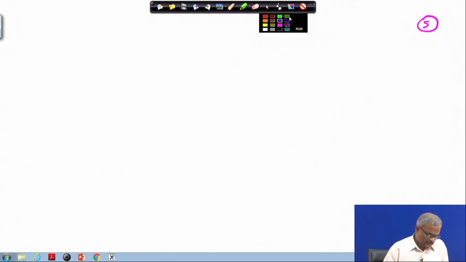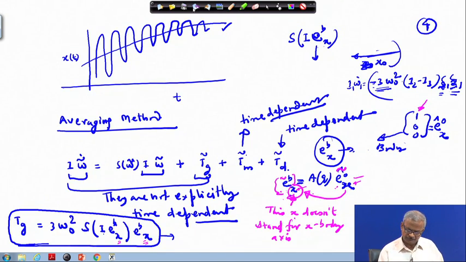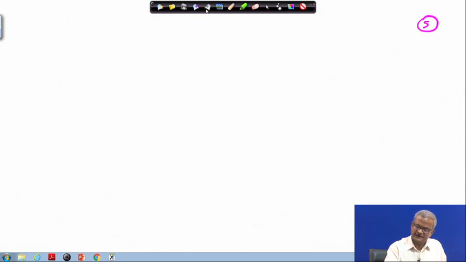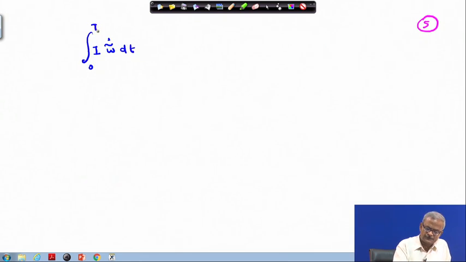Therefore, we put the tag x here. So, we will apply the averaging method to this. If we apply the averaging method, we will be writing it like this: omega tilde dot, integral dt from 0 to tau, and 1 by tau, limit tau tends to infinity.